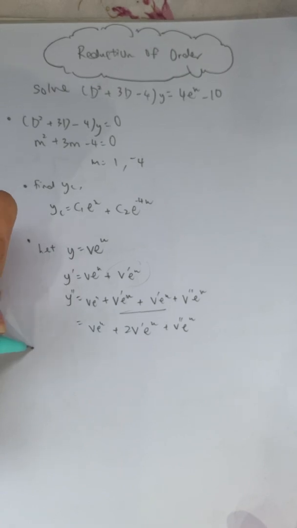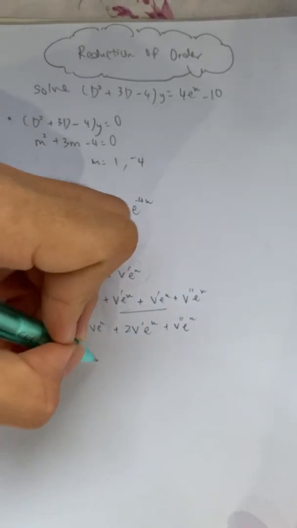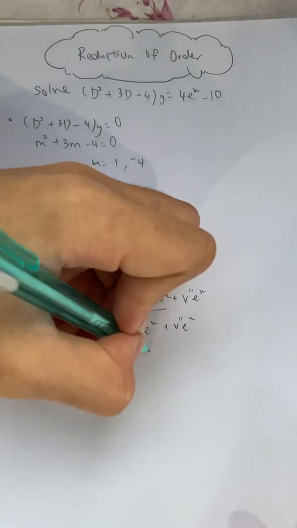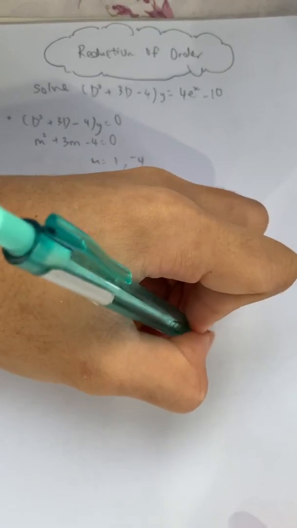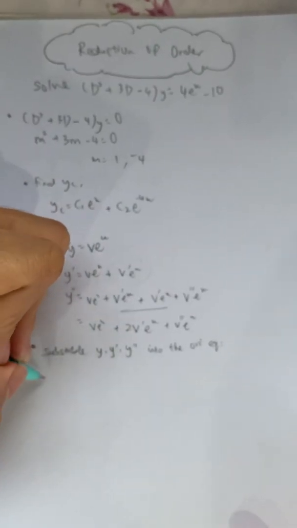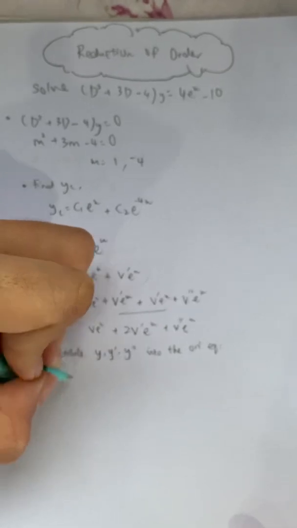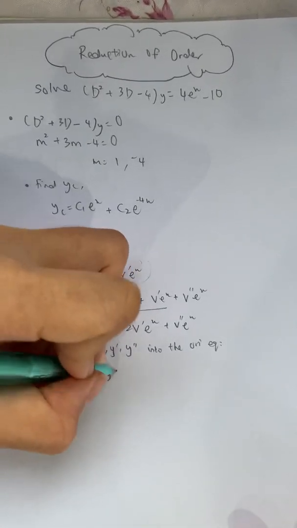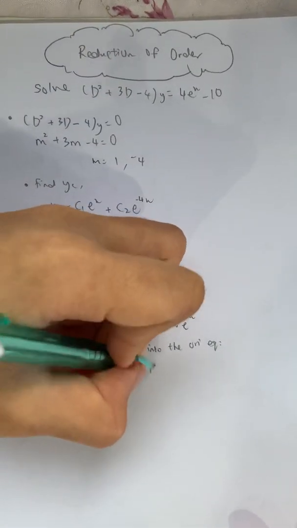We get y prime and y double prime. So from this we need to substitute y prime and y double prime into the original equation. So from the original equation, which is D squared plus 3D minus 4y equal to 4 exponential x minus 10.